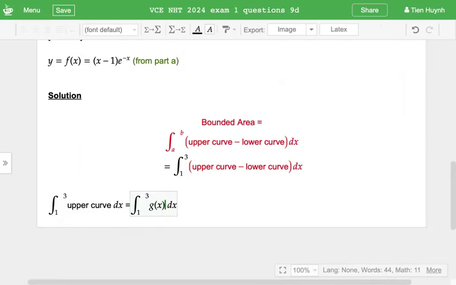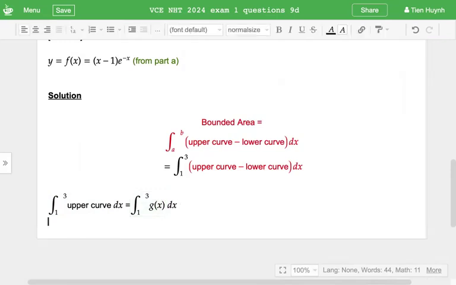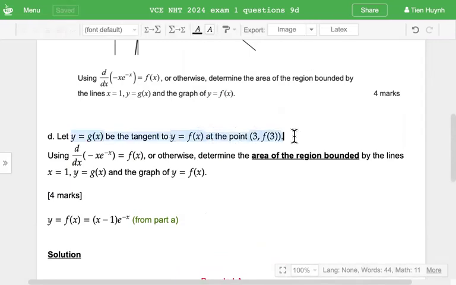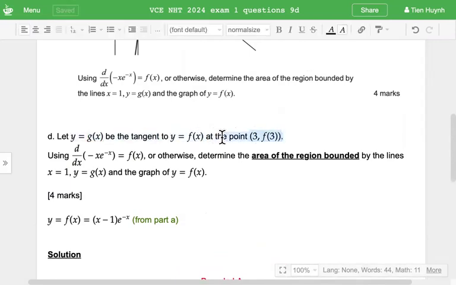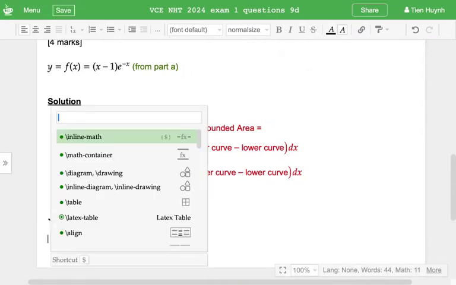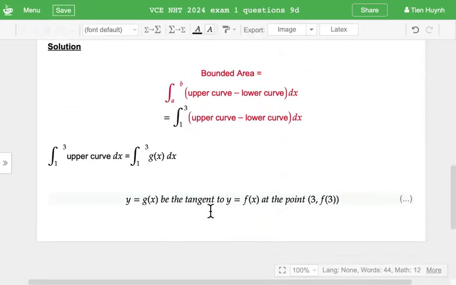G of x, and notice that because g of x is the tangent to the curve, let us analyze this information together. Now, y equal to g of x is the tangent to the curve. What does it mean?